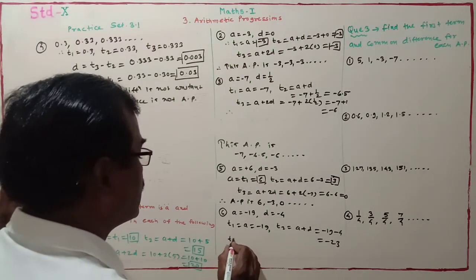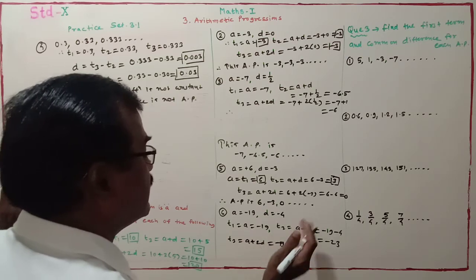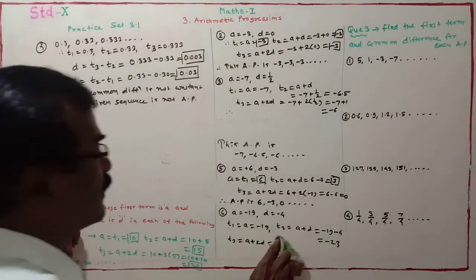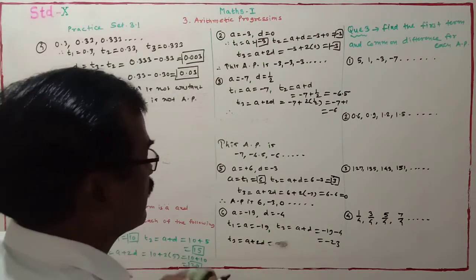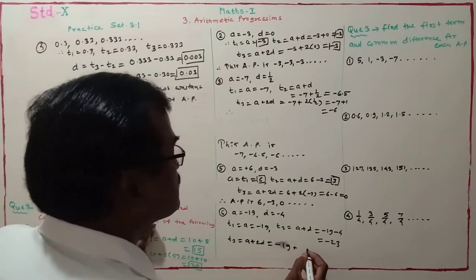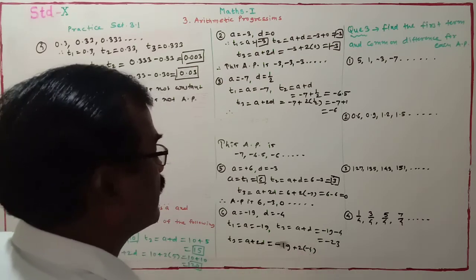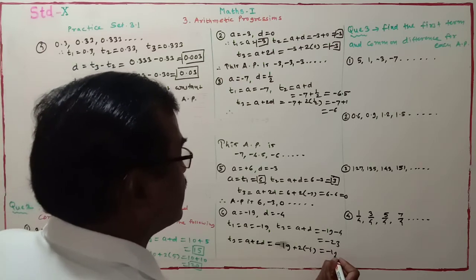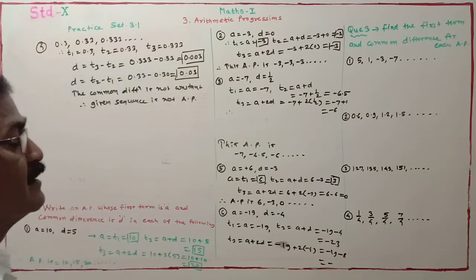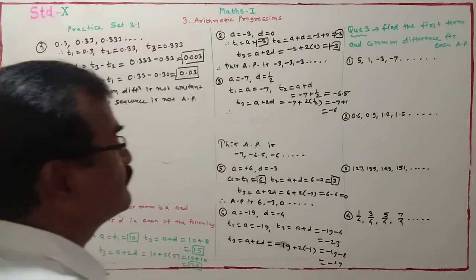T3 is A plus 2D, A is minus 19 plus 2D, D is minus 4, equal to minus 19 minus 8 is minus 27.